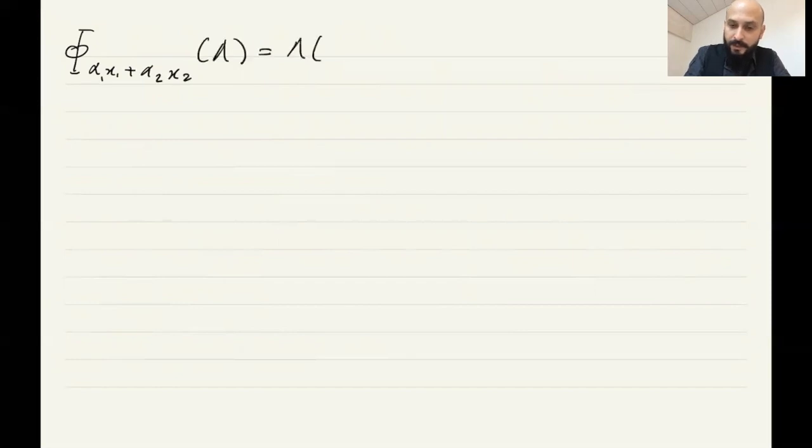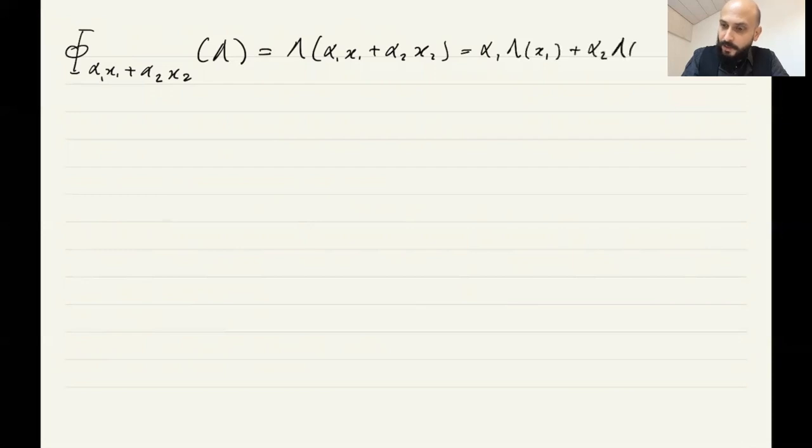This is lambda of alpha 1 x1 plus alpha 2 x2, which now by linearity of lambda is alpha 1 lambda of x1 plus alpha 2 lambda of x2, which is equal to alpha 1 Phi x1 of lambda plus alpha 2 Phi x2 of lambda.